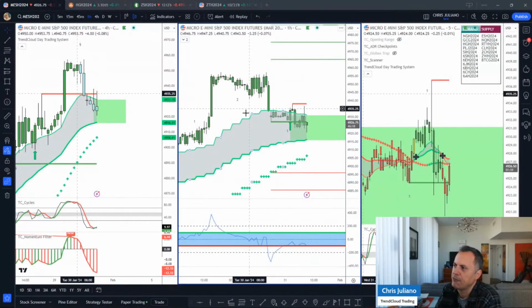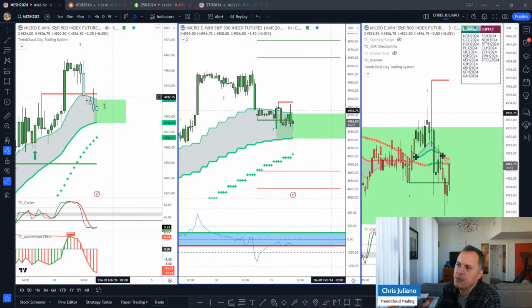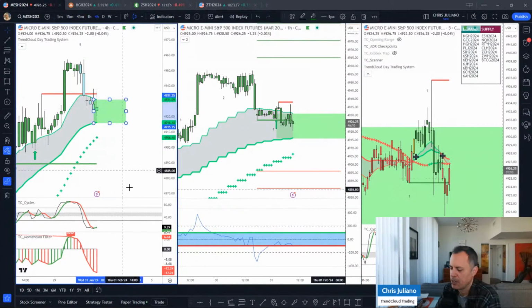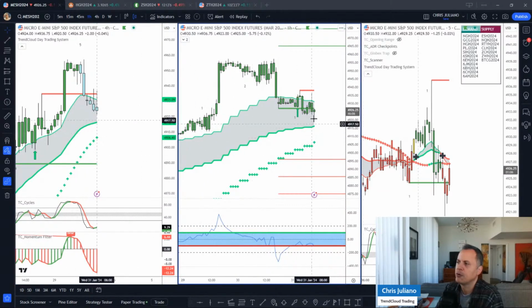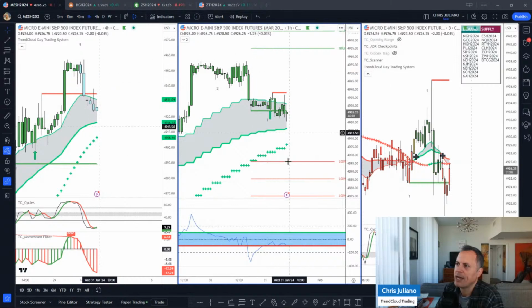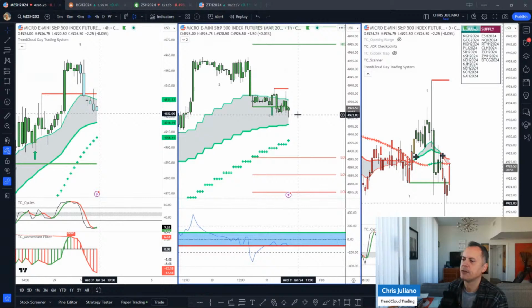And now you've got the 4 hour trend cloud on the 1 hour chart, and there's your box right there. So maybe you don't want to draw a box. You just want to put that 4 hour trend cloud on the 1 hour chart to see this picture. And that's what you would do.